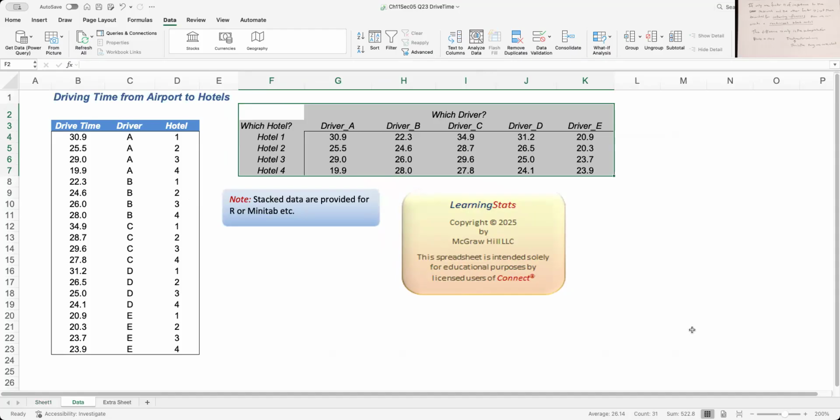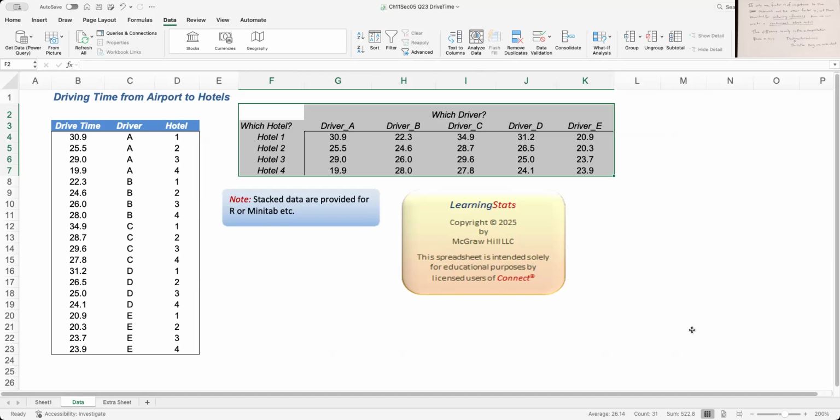If I have multiple numbers for driver B going to hotel 2, then it's possible that there'll be variation within that as well. That is another concept I need to take into account when I start to work on what should happen within my ANOVA behavior.